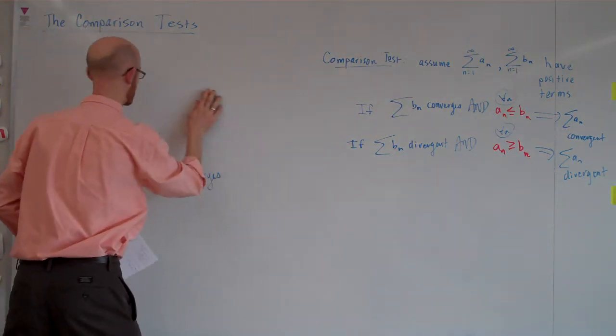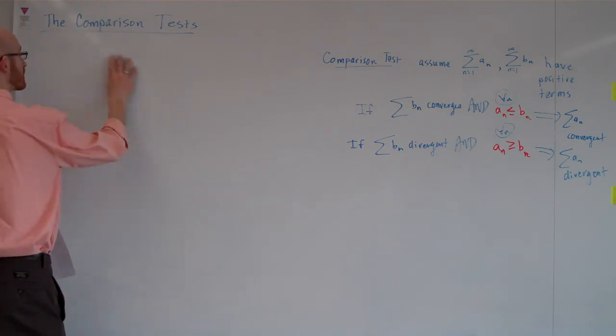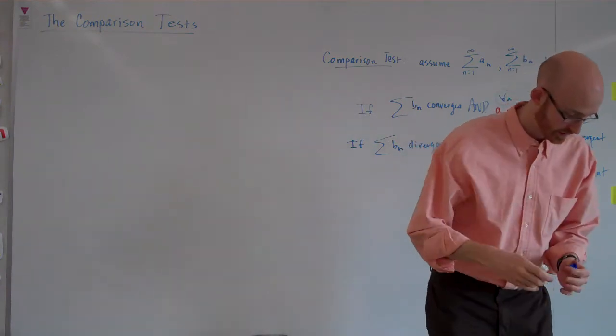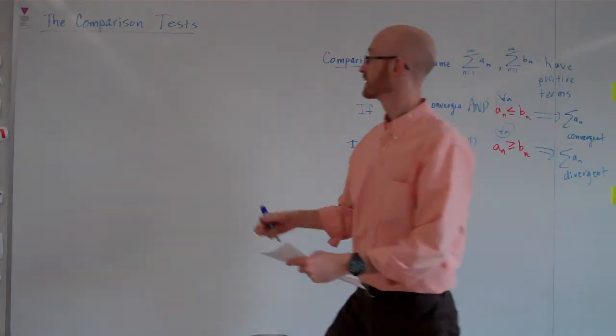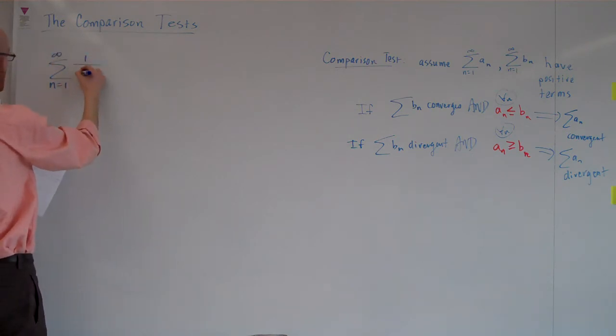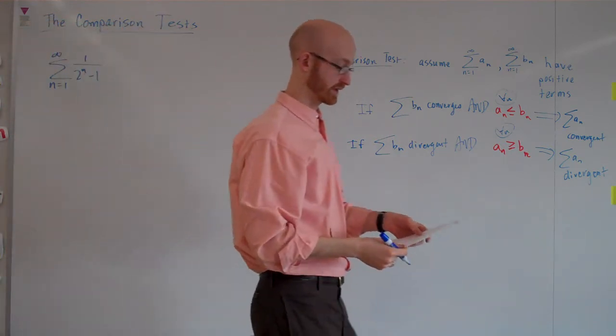And this one, we'll see, as always in math, we come up with a new idea, and then we pose a problem that sort of ruins it. Or at least ruins the ease of use. And this will do that. So 1 over 2 to the n minus 1.